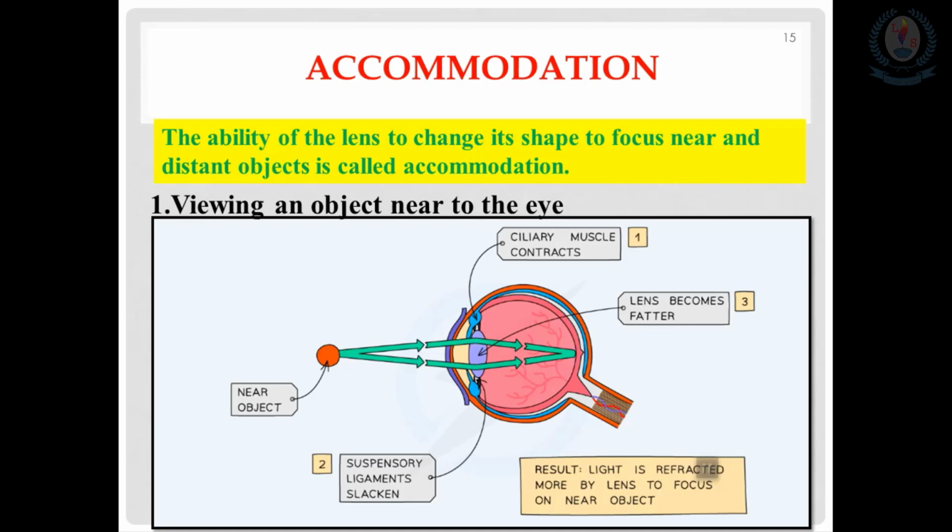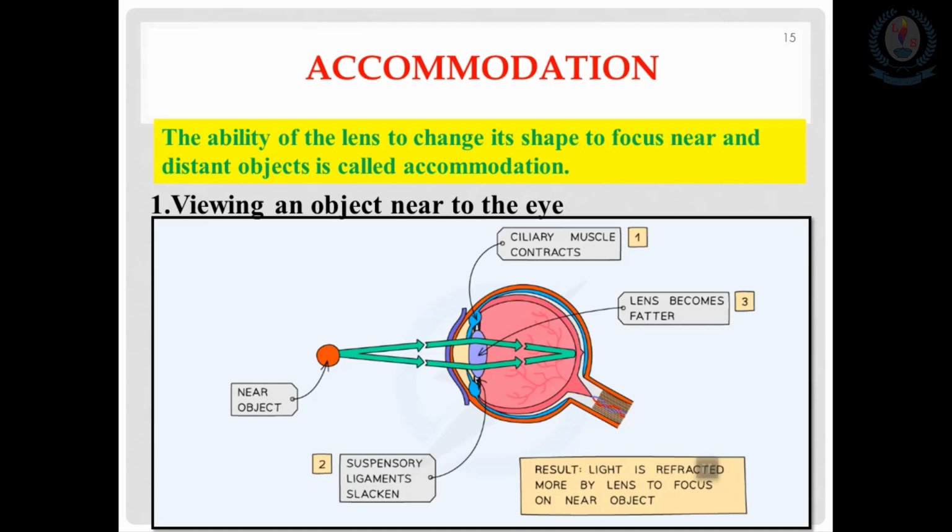When the ciliary muscles contract, the suspensory ligaments loosen. The lens is now thicker and refracts light rays more strongly. When the ciliary muscle relaxes, the suspensory ligaments are pulled tight. The lens is now pulled thin and only slightly refracts light rays.